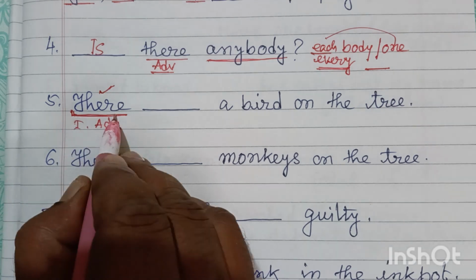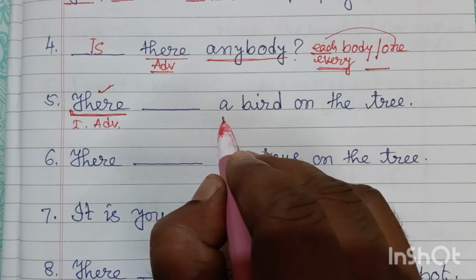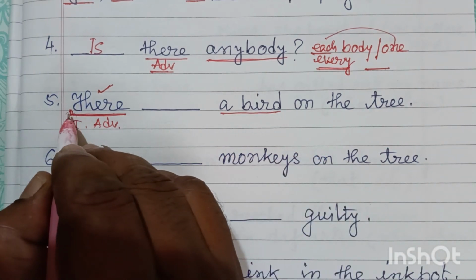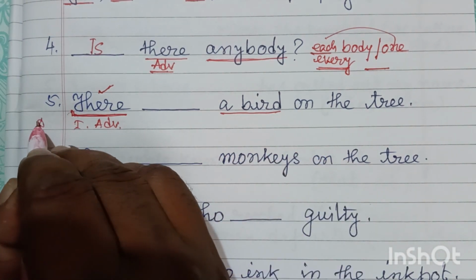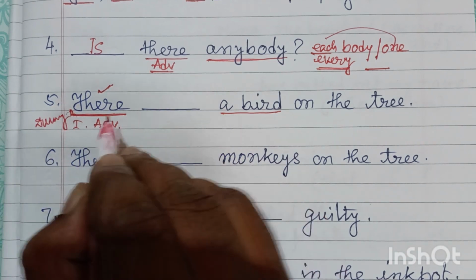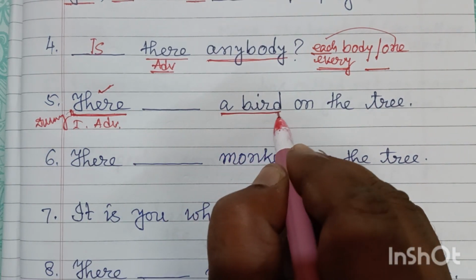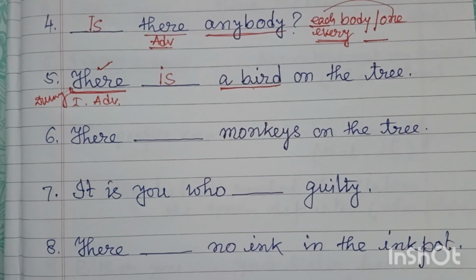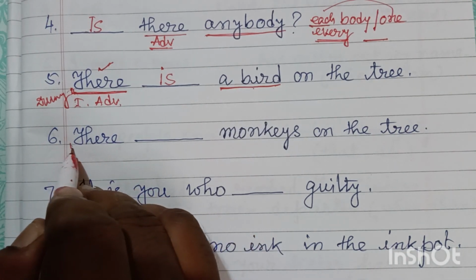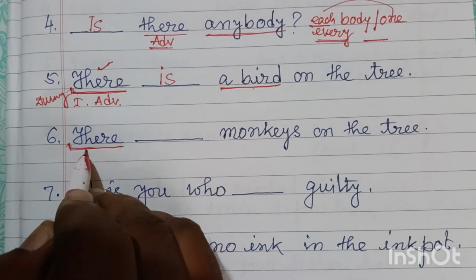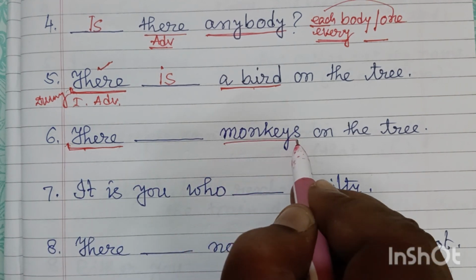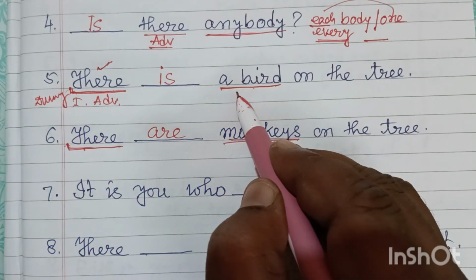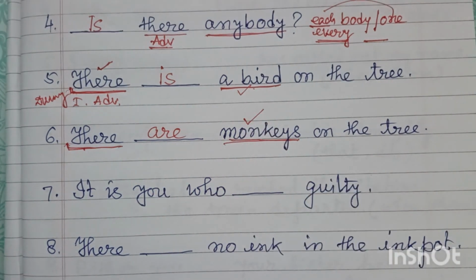It is an adverb, and here the actual subject is the bird. It is sometimes used as an introductory, called a dummy subject, but it is not the actual subject. The actual subject is a bird. So it is singular. We have to use is. And in question number 6, you can see the same thing: introductory adverb, dummy subject, and the subject is monkeys. This is plural, so we have to use are. My dear friends, I think you can understand the difference between these two sentences.